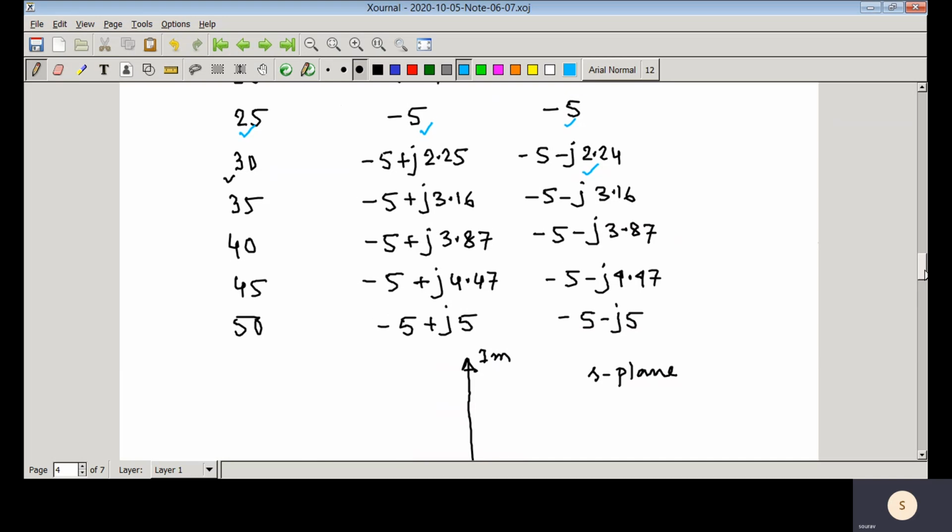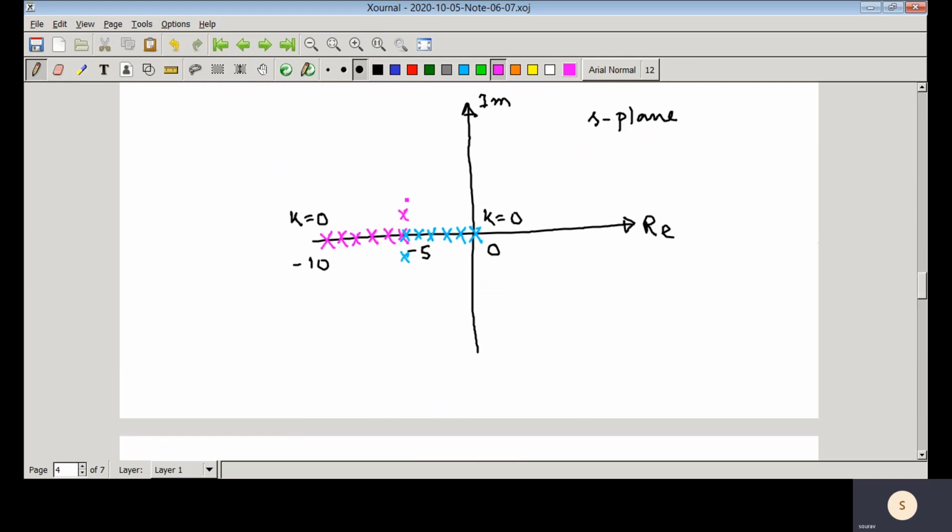And then the next one, when k equals 35, this pole is minus 5 plus j 3.16. You can see that this value is increasing, 3.16, it is going like that, and the other pole is going like this.